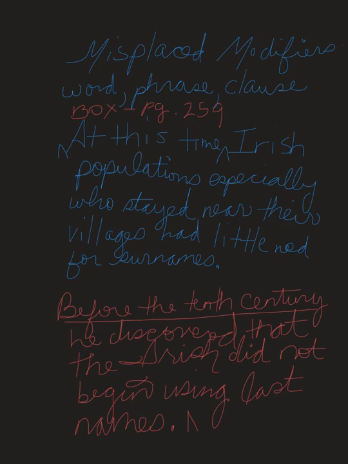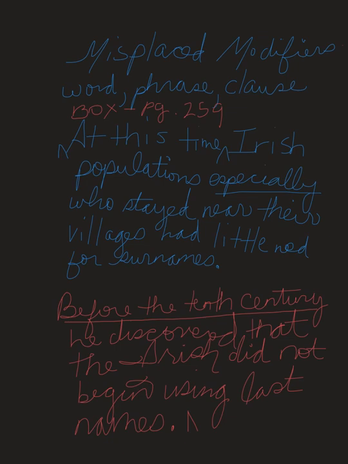All right, so this first sentence says, at this time, Irish populations, especially who stayed near their villages, had little need for surnames, okay? Here, our problem is just the one word especially, and yes, it is in that box of 10 words that are commonly misplaced. All right, we could put especially in a couple of different places.